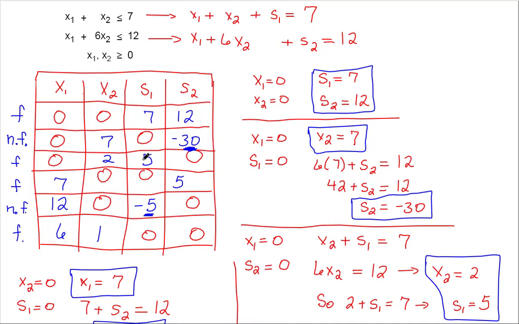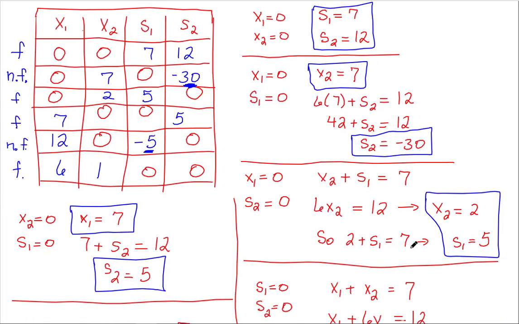Similarly, I can come in here and pick x1 0 and s2 0. So I'm going down each of the possibilities and then figuring out what the remainder are. Then x2 is 0 and s1 is 0. That's these two.